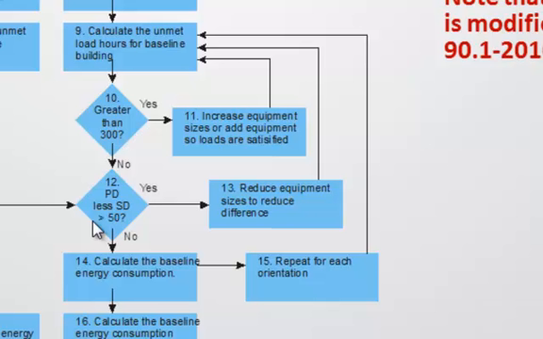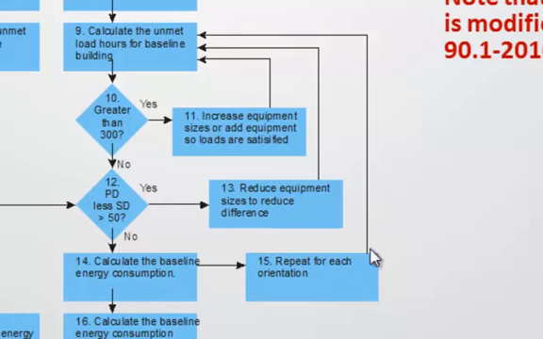If they are, then you have to actually reduce the size of the equipment in the baseline building, so that you meet the second test of delta unmet load hours of less than 50. And then once you pass that test in box 12, then you calculate the baseline energy consumption for the baseline building.